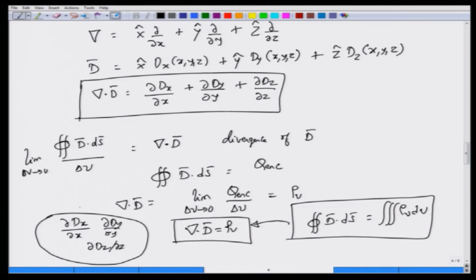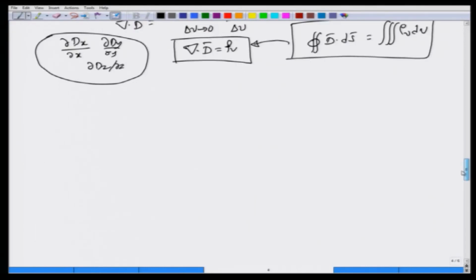They cannot be infinite. Once the divergence exists, you can find del dot D, which gives you the volume charge density in the given region.